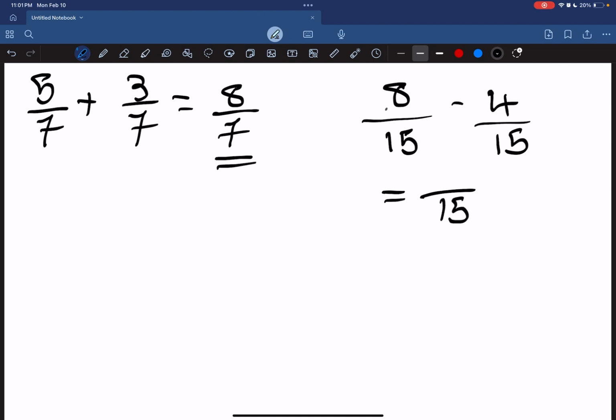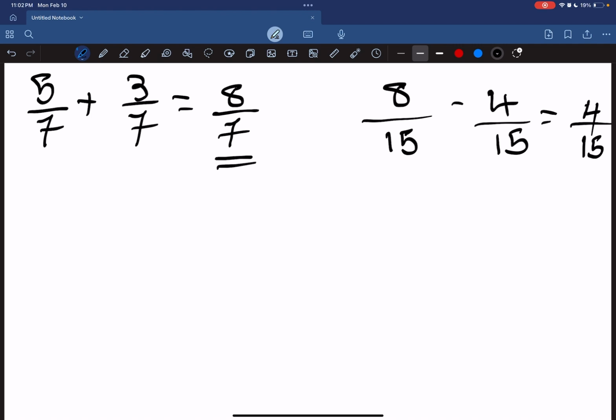Let me not write it down because I don't want you to think I'm finding the LCM. Denominators are the same, so I put 15. All I need to do is just subtract the numerators. So 8 minus 4, and 8 minus 4 is how much? That's 4. So that would be 4 over 15 as our answer.